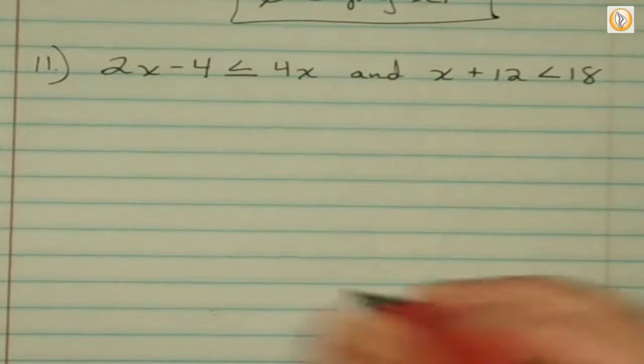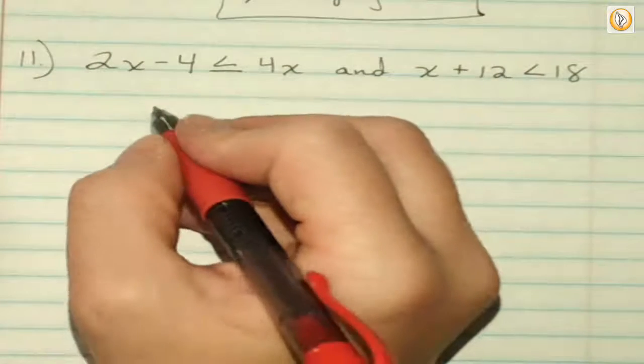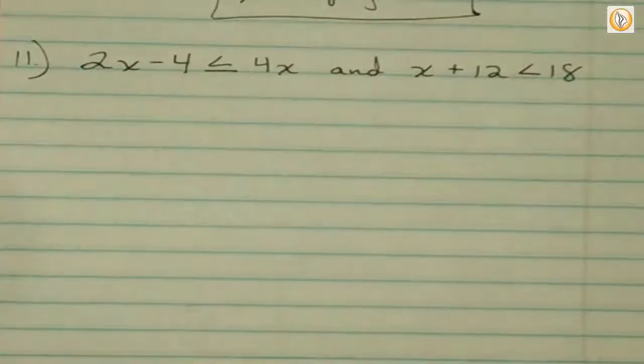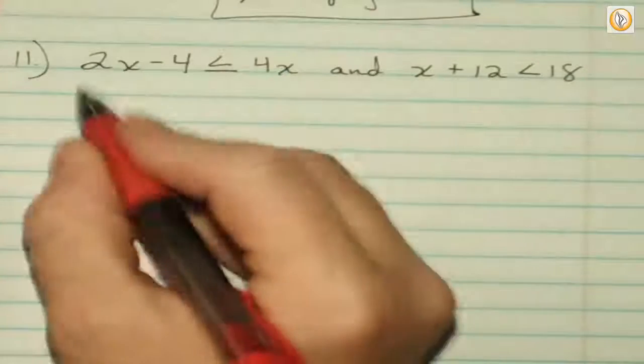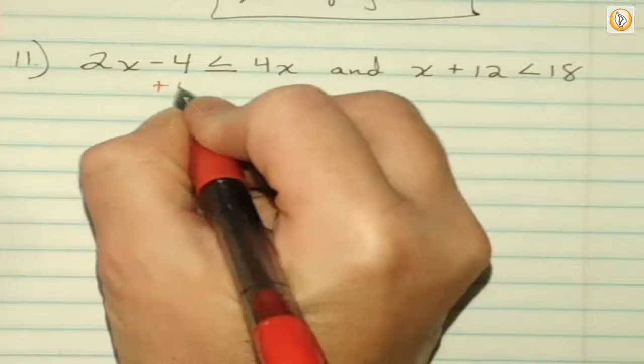Michael, how do I solve this? Both of them. Okay. I'll do the one on that one. You add 4 on both sides.